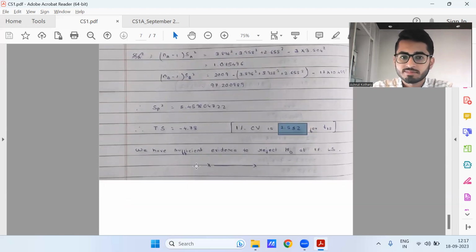So this was the paper. Again, a fairly short paper in recent years. CS1 is one paper in which most students have tended to do exceedingly well, going by the overall passing percentage released by IFoA for the initial exams, as well as the results I see among my students and their peers. CS1 is one paper which most of them tend to clear in the first attempt, especially those who have meaningfully prepared.